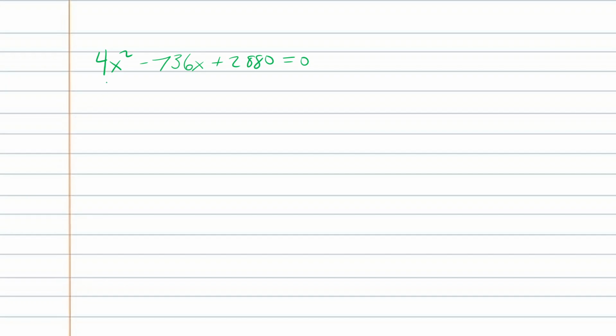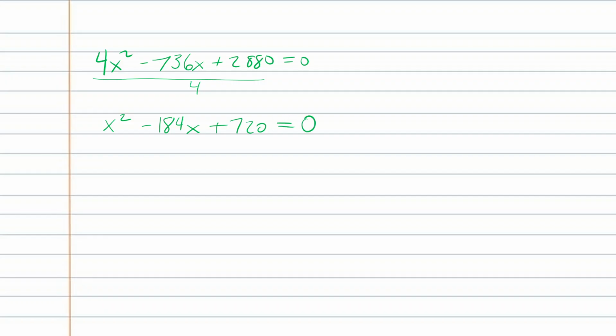Well, how about 4? So what if I just divide this whole thing by 4? If I divide the first one by 4, that gives me an x squared. Easy. If I divide 736 by 4, that gives me negative 184. And then if I divide 2,880 by 4, that gives me 720.